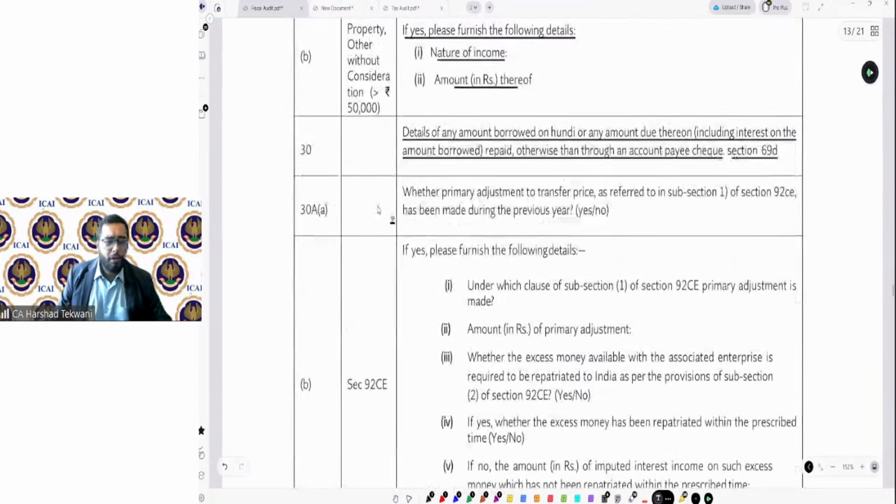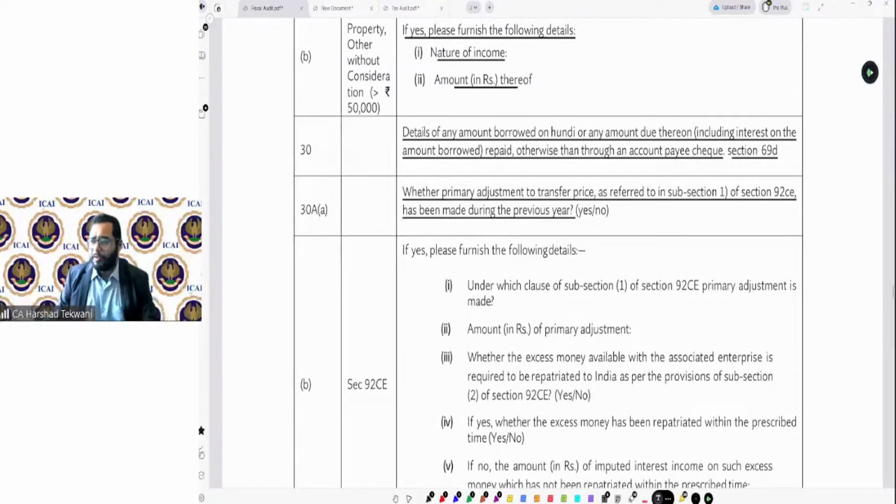Then clause 30A, which refers to 92CE. Now, what is 92CE? It is for secondary transfer pricing adjustment. So whether any primary adjustment to the transfer price as referred in subsection 1 of 92CE has been made during the previous year. 92CE is about making a secondary adjustment in certain cases where the primary pricing adjustment has been made.